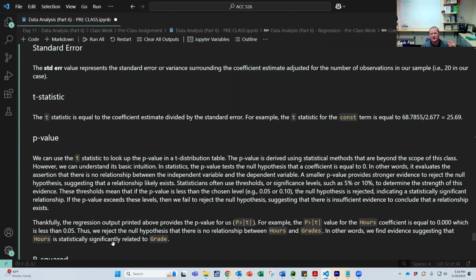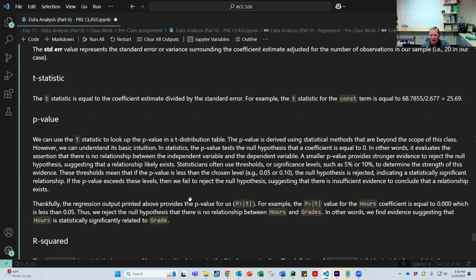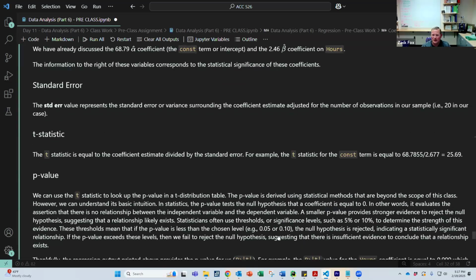Okay, thankfully for the regression output printed above, the p-value is provided in that output. For example, the P>|t|, the probability of getting a value at least as large as the absolute value of the t statistic, for the hours coefficient is equal to 0, which is less than 0.05.